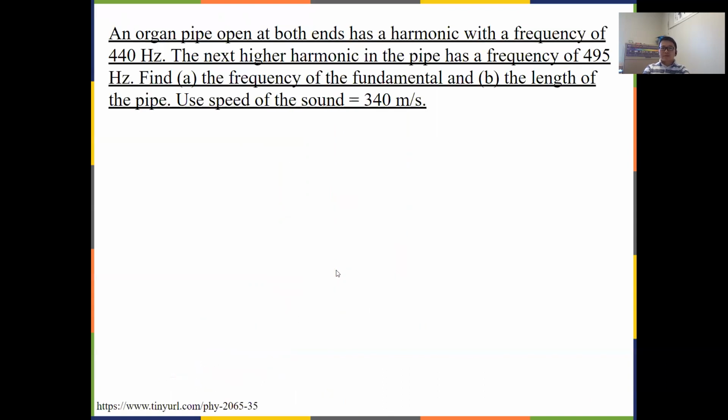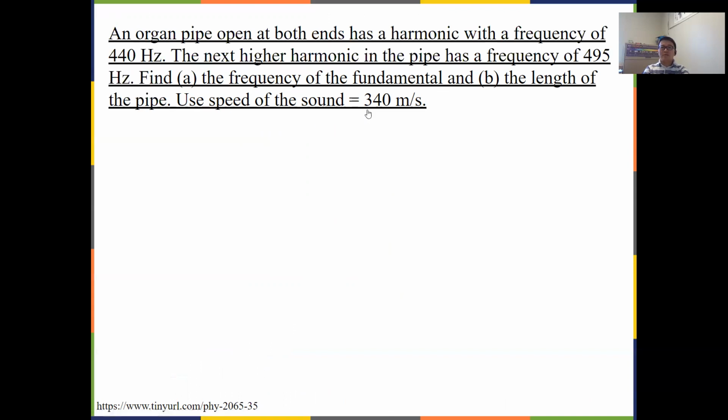All right. Let's take a look at the example here. It says you have an organ pipe open at both ends that has a harmonic with a frequency of 440 Hertz. And the next higher harmonic in the pipe has a frequency of 495 Hertz. Find the fundamental frequency of the organ pipe and then the length of the pipe.